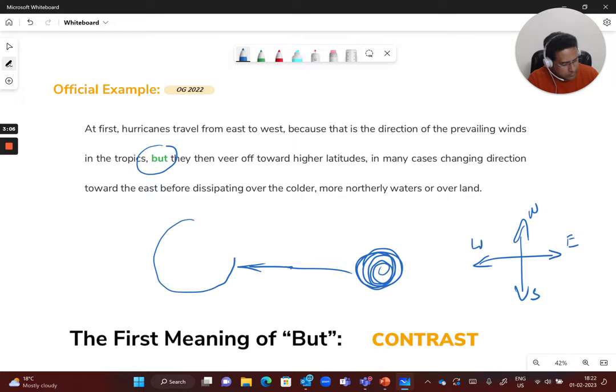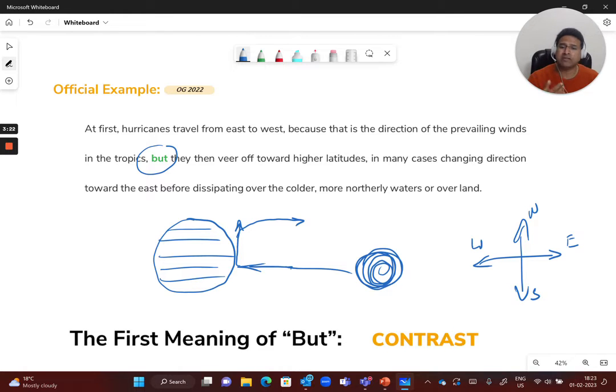Okay, so you know that latitudes are the horizontal lines. They suddenly veer off toward the higher latitudes, so northward, and in many cases changing direction toward the east before dissipating over the colder, more northerly waters or over land.